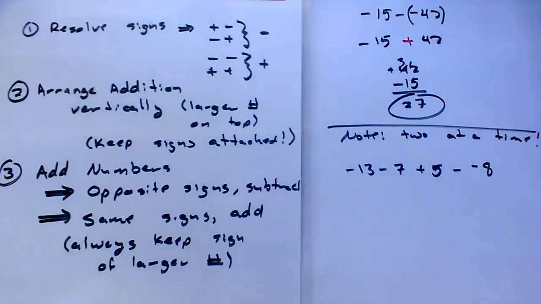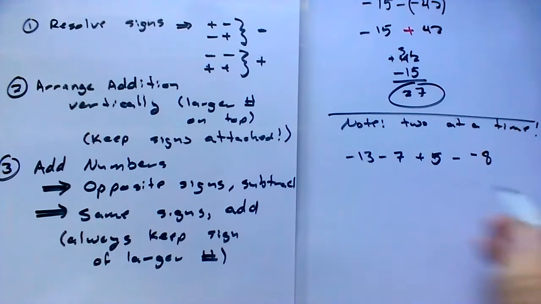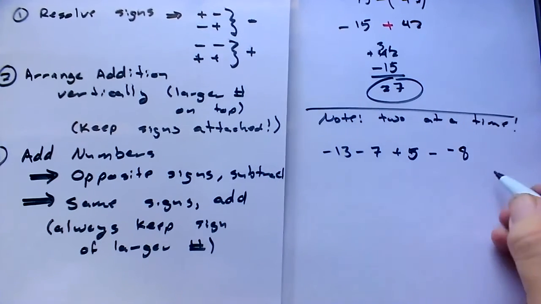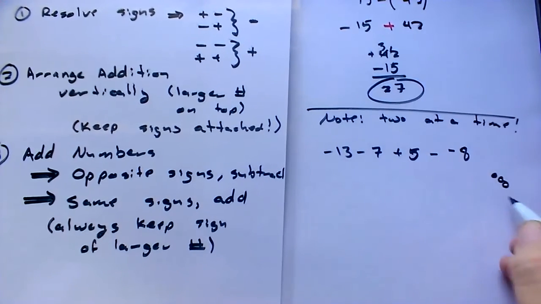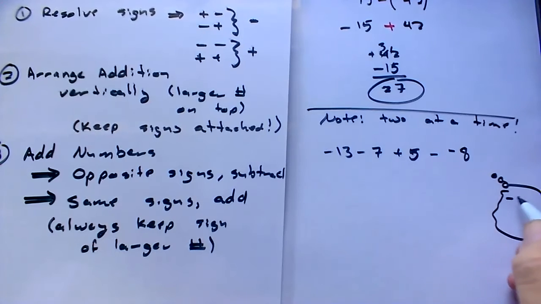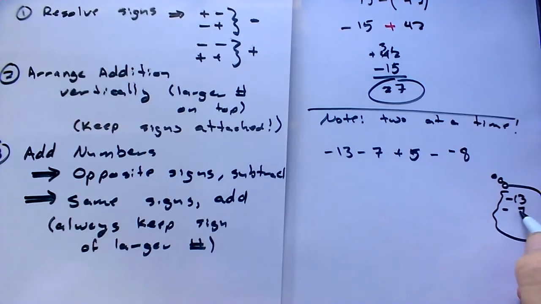We're going to do these 2 at a time. So I'm going to take a look at the first 2 and say, okay, this is negative 13 minus 7.